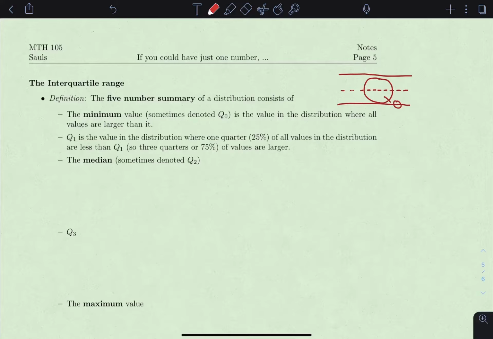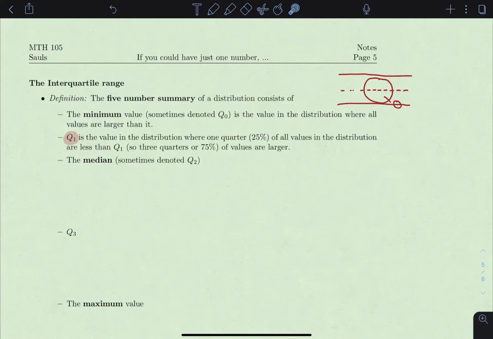All the numbers in the 5-number summary will have a label like that. So Q0 is just the minimum value. Q1 is maybe the new one, and it is a number in the distribution where a quarter, or 25% of all the values in the distribution, are less than Q1. And that implies that 3/4 are larger.